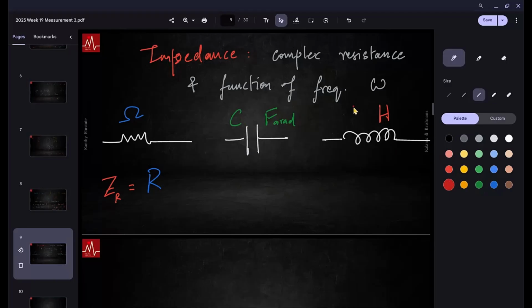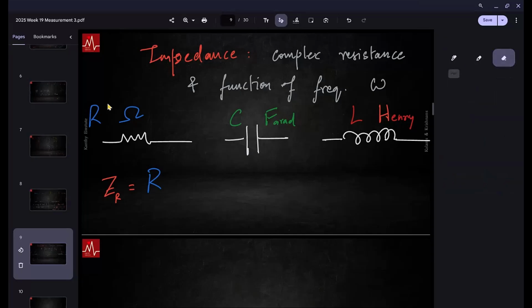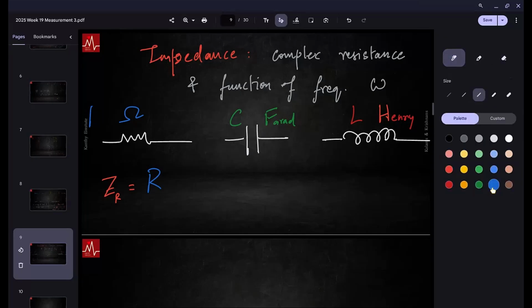And this is L henries. Henry is a unit. And this is R ohms analogously. Right? So impedance for a resistor is just R. It's not complex, not omega dependent.